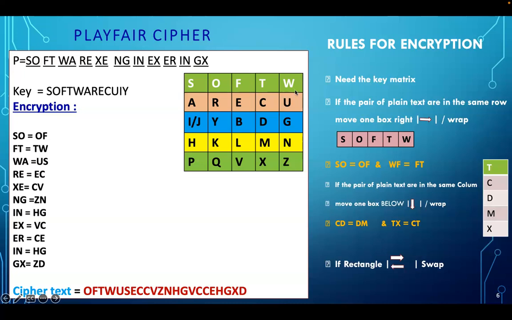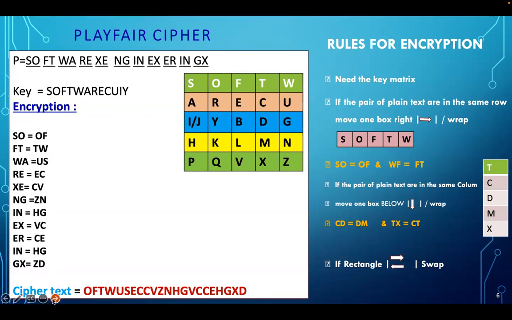So for W, we take the letter in the same row at A's column, which is U. And for A, we take the letter in the same row at W's column, which is S. So for W, we take U, and for A, we take S. This is our rule, and we take every pair like this.